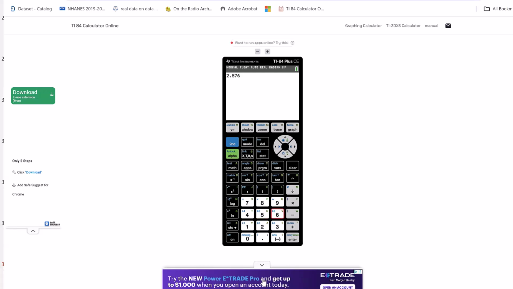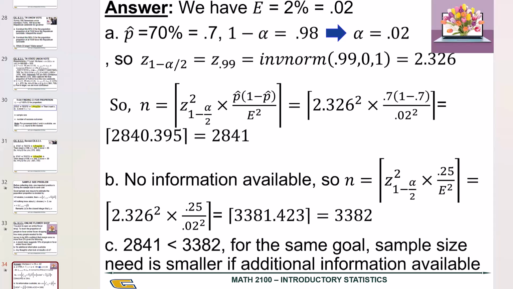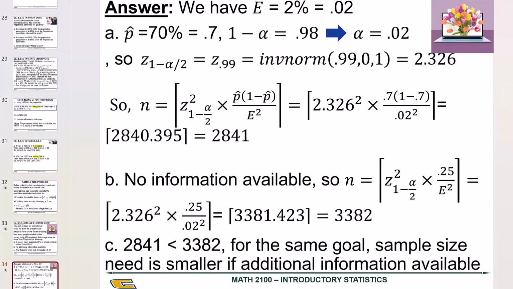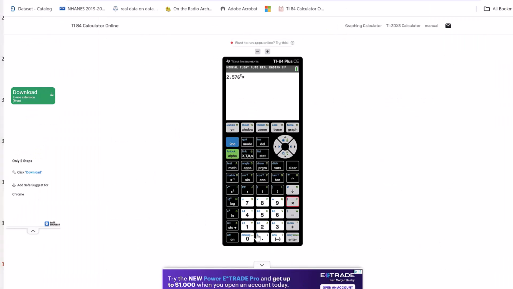2.576, that we got from here, squared, times p-hat times 1 minus p-hat, which is 0.55 times 0.45, and divide by the error.